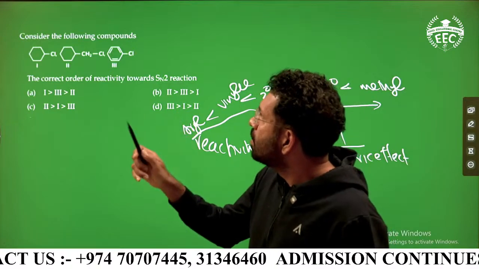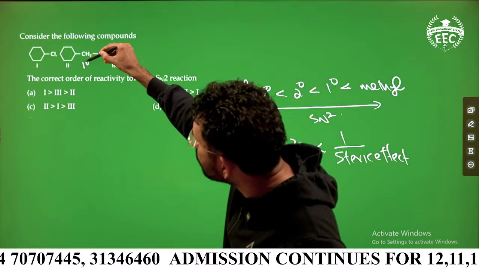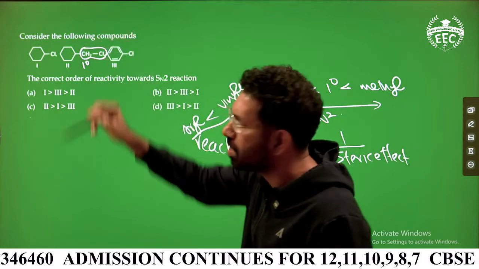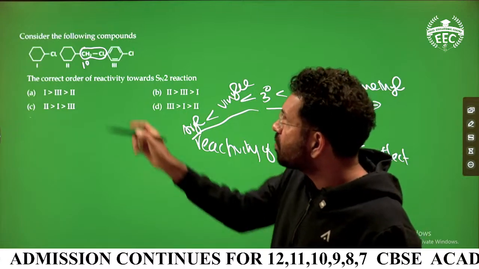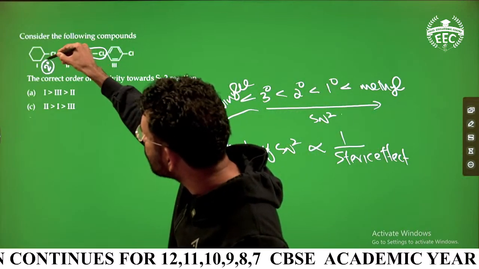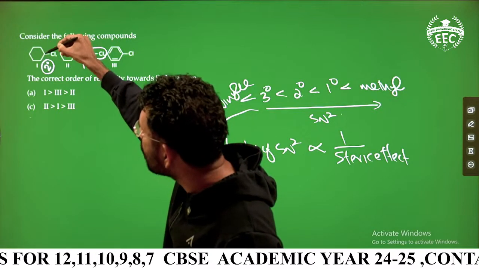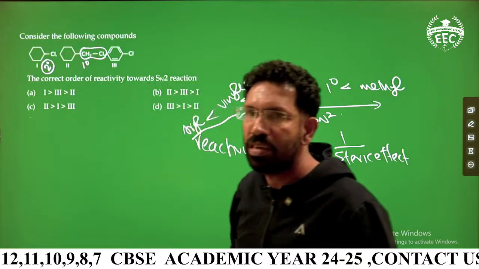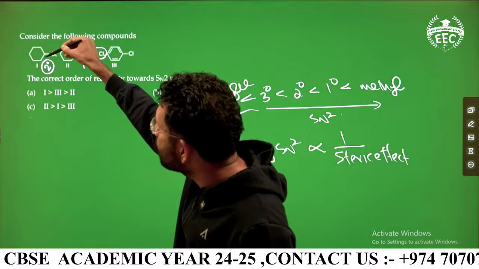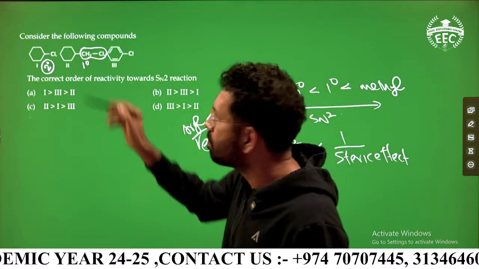The second one we can call primary because it contains CH2Cl. The first one we can call secondary, because the halogen is connected to a carbon which is connected to two other carbons. This is a secondary halide. This one is primary.